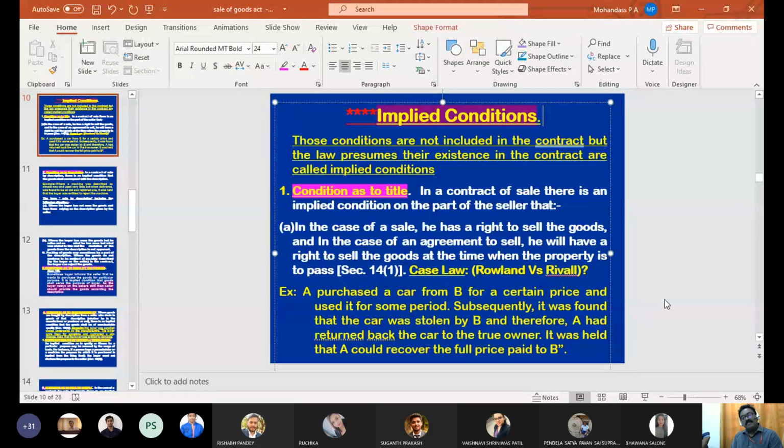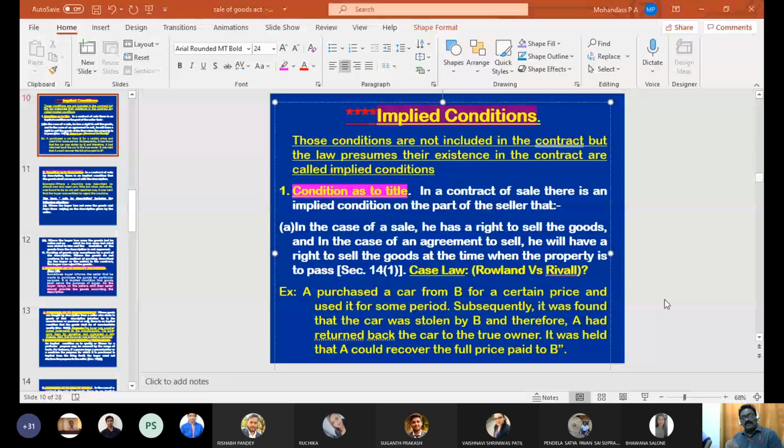Can you give some example of implied condition? The first example is implied condition as to title. What it says: when the seller sells a movable product to the buyer, the seller should have the title or ownership. If the seller sells a product on which he doesn't have the ownership, then it is a breach of implied condition as to title.